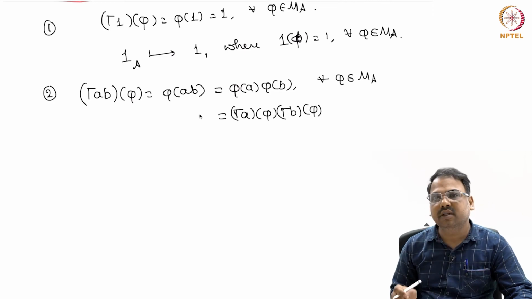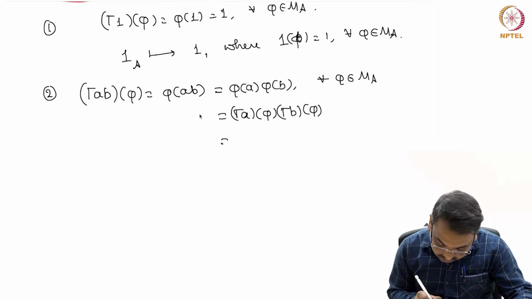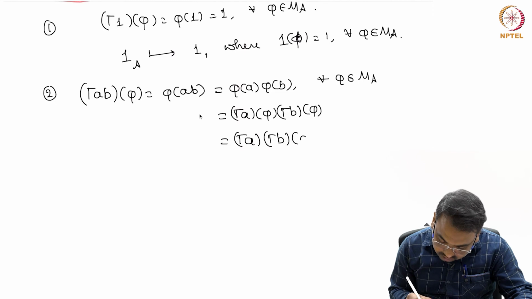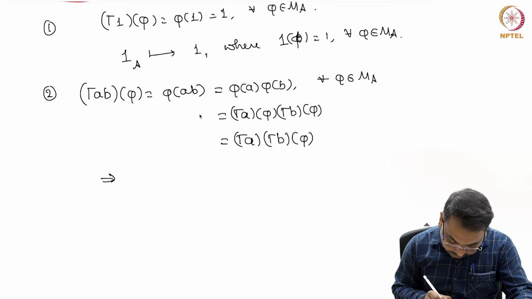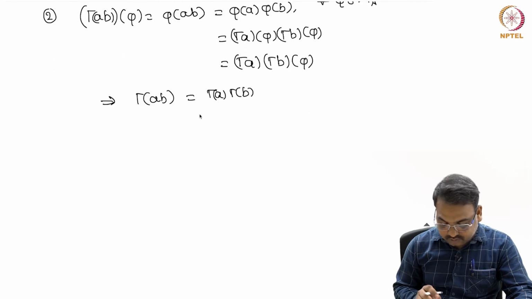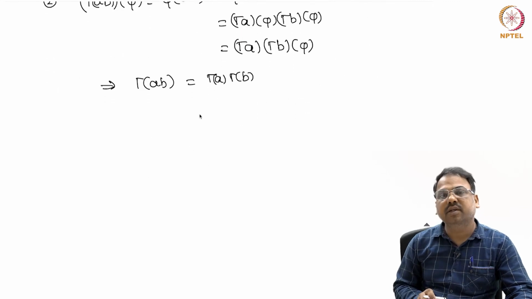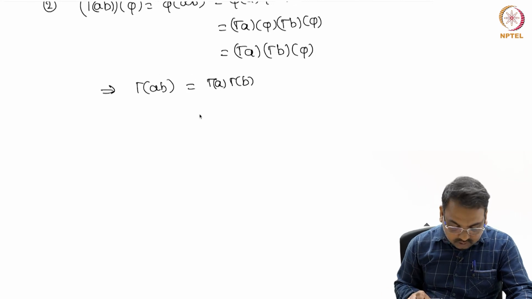Gamma_a and gamma_b are continuous functions, and there the multiplication is pointwise, so we can say that this is gamma_a multiplied by gamma_b acting on phi. Okay, so this implies gamma_ab is gamma_a times gamma_b. So gamma is multiplicative, and we have observed that multiplicative maps send invertible elements into invertible elements.